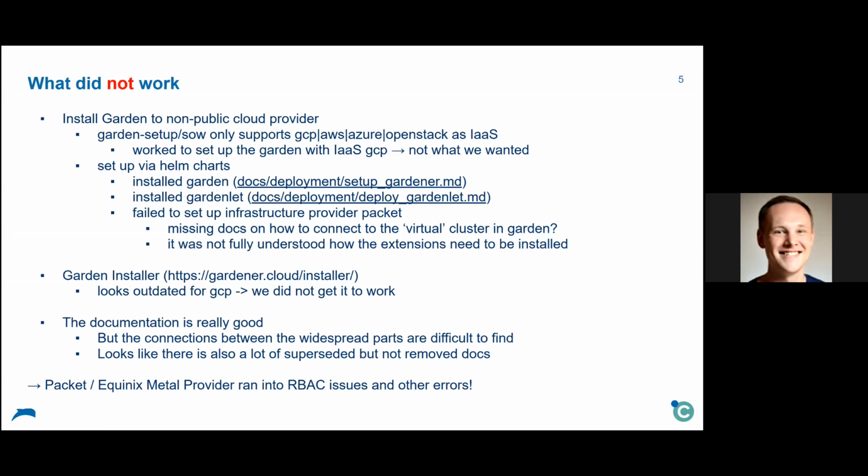Hello, everyone. My name is Jan. I'm a colleague of Christian and had the fun to get started with Gardener on a private cloud provider. I tried to install it via Garden Setup and ran into the problems mentioned here, that it's not a supported IaaS.